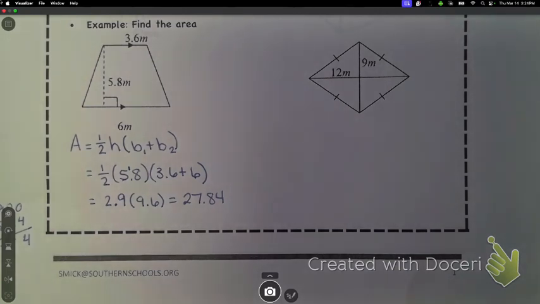I got 27.84. Anybody else second that? Well, I'm right because I checked it. And Gwen told me 5.64, so you multiplied incorrectly. I just did it differently than you. Okay, we can do it differently, but we still better get the same answer.